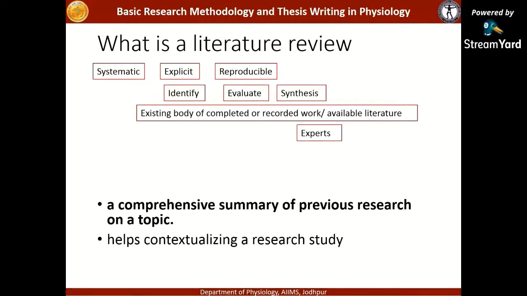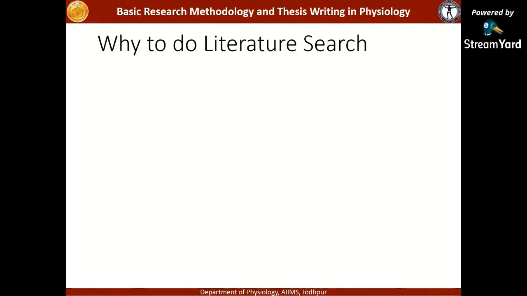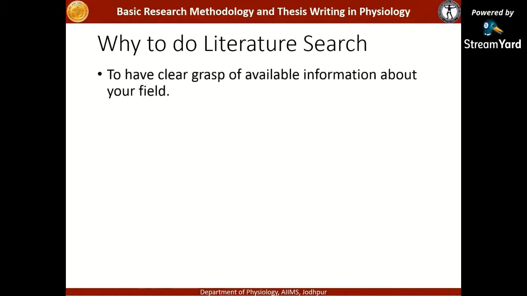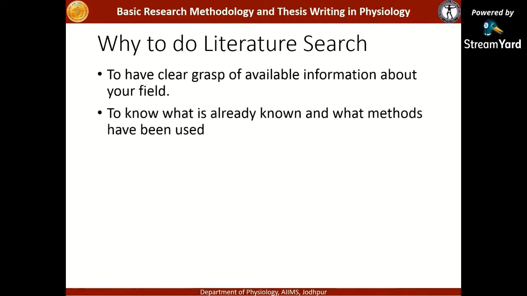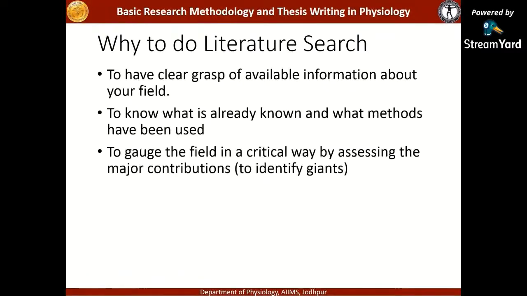Right? So now, what is the need of the literature search? Why do we do it? To have a clear grasp of available information about your field. Once that is there, you have to know what is already known and what methods have been used to gauge that in the field, who is the giant. You have to critically assess the major contributions.